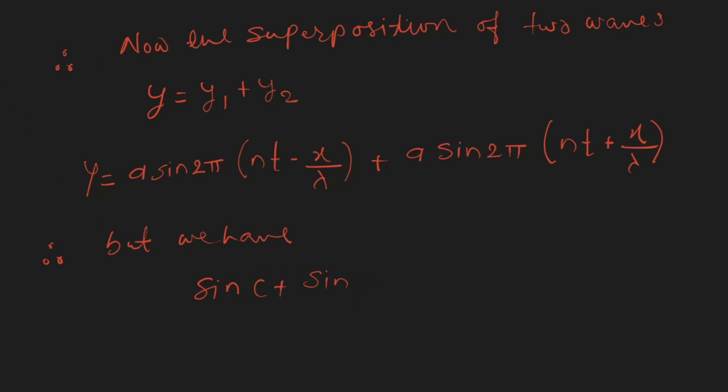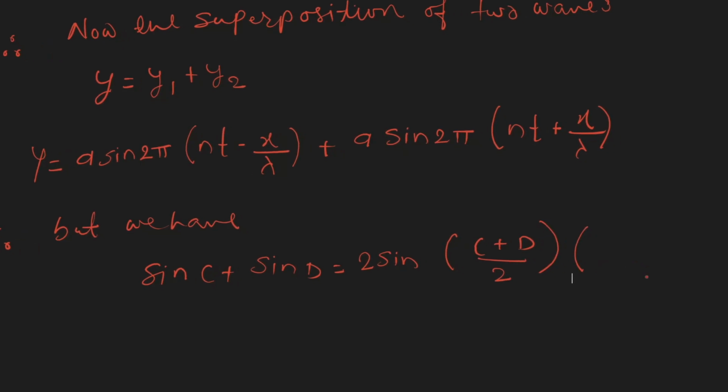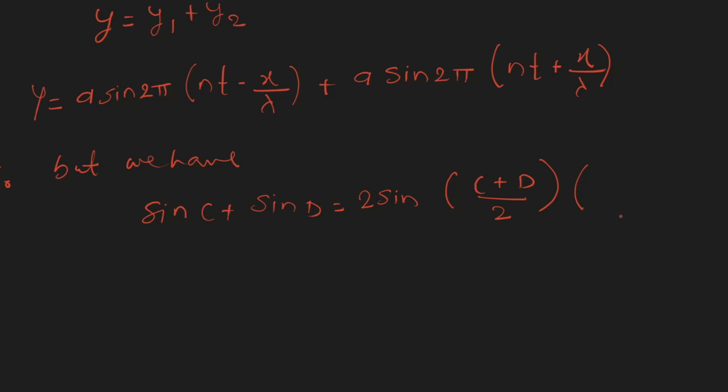This is the trigonometric formula. It will be equal to 2 times sine of (C plus D) upon 2, multiplied by cos of (C minus D) upon 2.